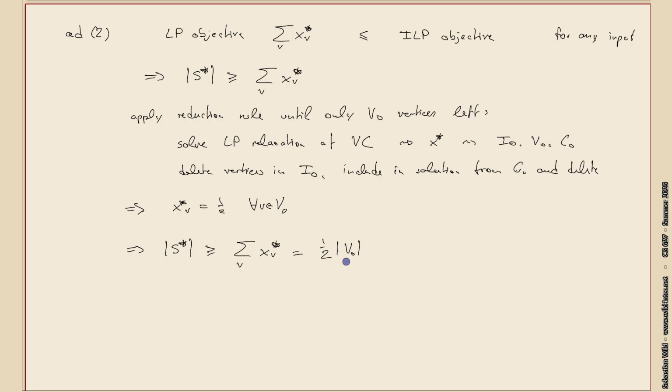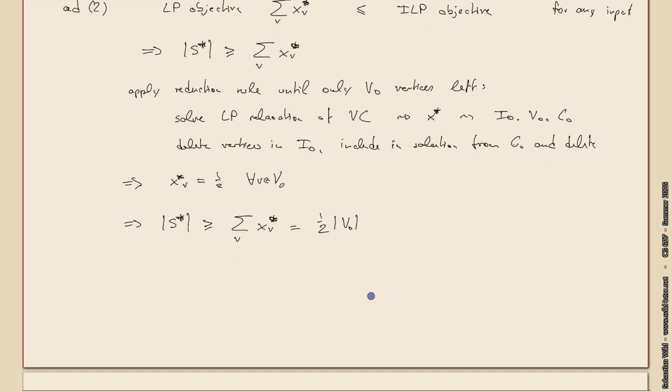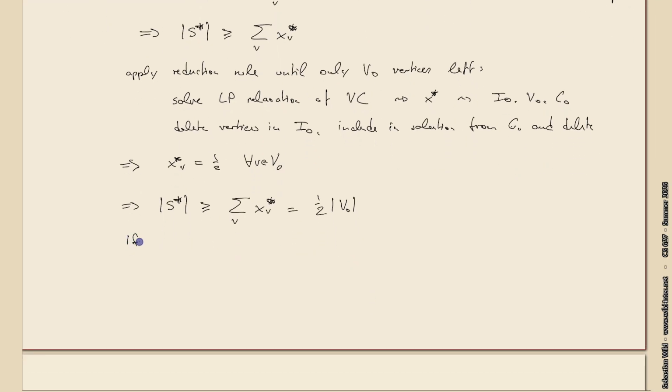So there's two options now. If we have more vertices in the graph than our parameter allows, then we're doomed. We cannot possibly pick a vertex cover from those. There's not enough, our parameter restricts us too much.